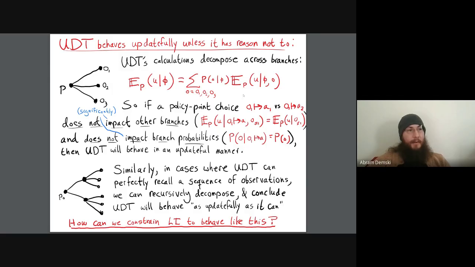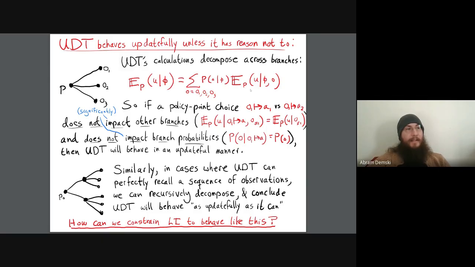And then we're decomposing that expectation into these updateful portions, in the sense that we're conditioning on observations now. So we're saying, what's the expected utility conditioning on some observation, rather than only conditioning on whatever our action notion is.